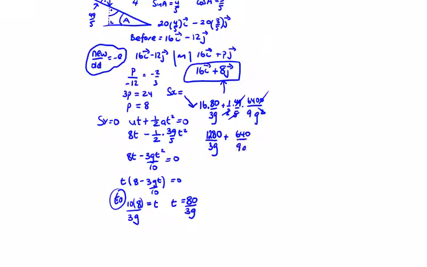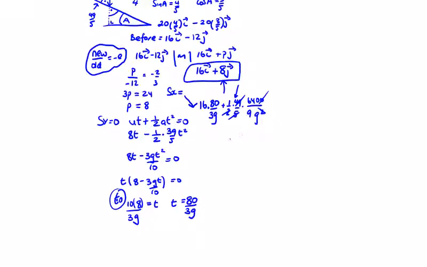Making them both over 9g, 3840 over 3g plus 640 over 3g, which will give 4480 over 3g. Does that divide by 3? I don't think it does. I'm just seeing I left out that 4 up above, so I'm just going to get rid of this for a sec. This 4 here, I crossed it out.